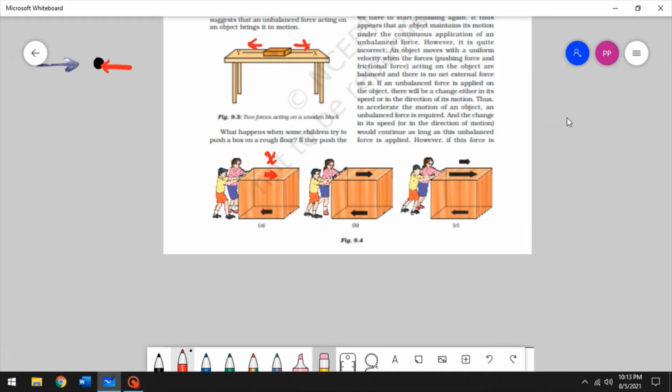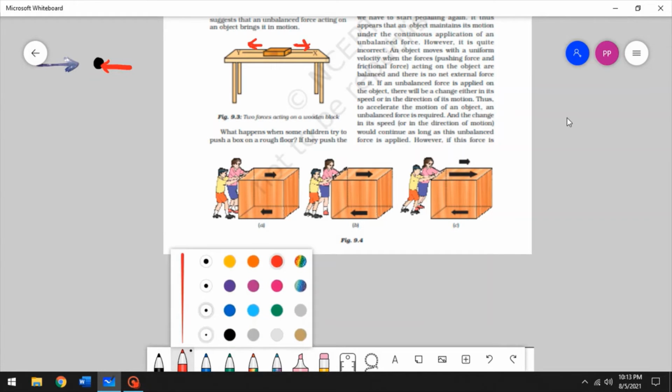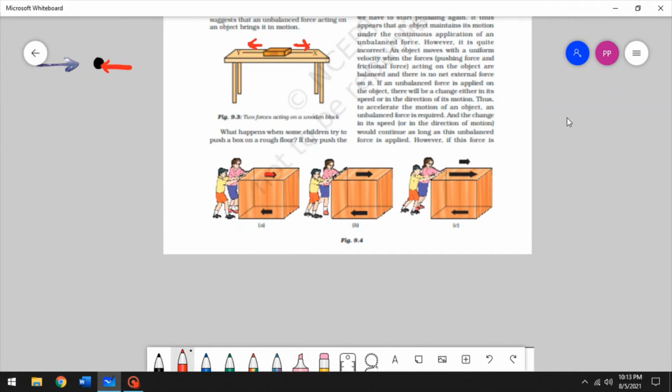If I erase these, don't these arrows look like they're the same size? Unless they say this figure is not to scale, usually we cannot come to such conclusions as a good math or physics student, right? But they seem about the same size, and they're acting in opposite directions, so this would be balanced.